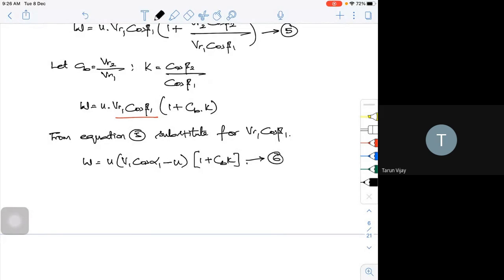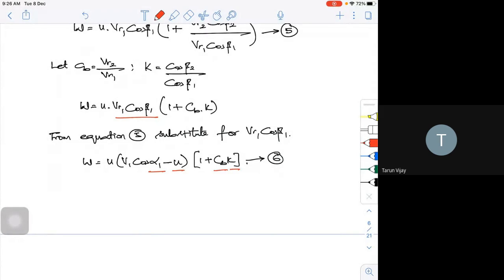See, now if you look at it, what are the typical things? For a given value of alpha, that is your flow angle, and a given speed, that is U, your CB, that is VR2 by VR1, or your blade angles, I can maximize.